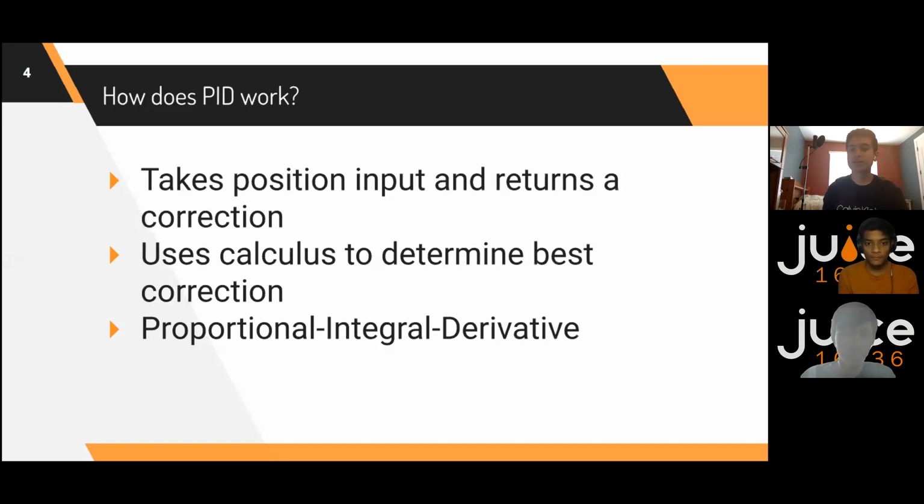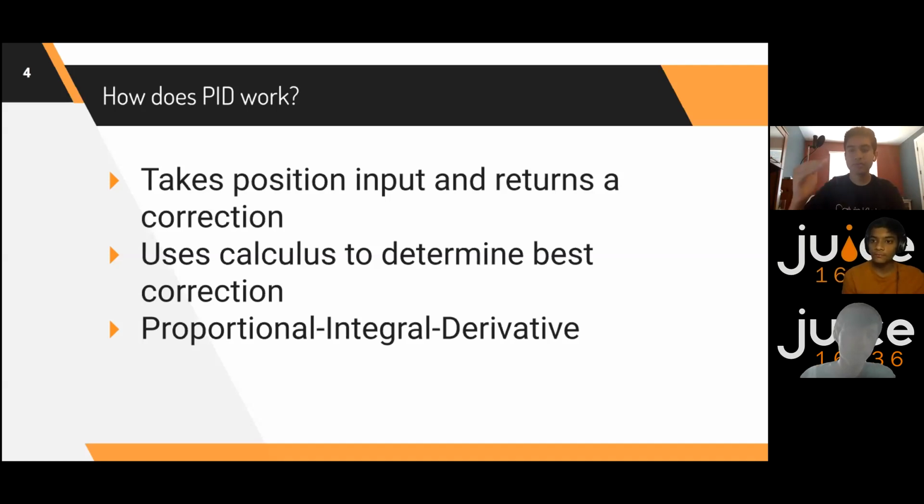So now we'll be talking about how PID works. Like I said before, it takes the input of where you are right now, and then it returns a correction value, which is then applied to your motors, so that you can efficiently reach your target without overshooting it.